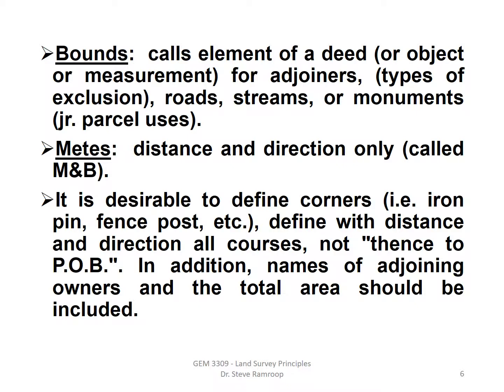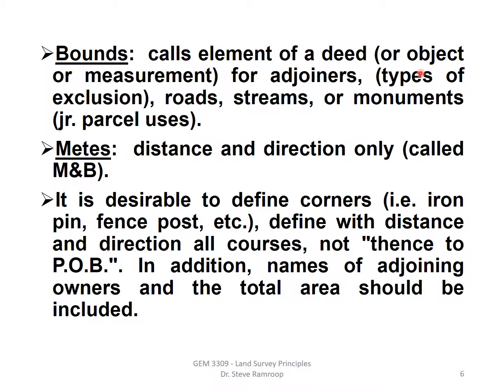Bounds. Under your metes and bounds description, what are bounds? Basically, they're the calls, an element of a deed. For example, bounds can be an object, such as a mound of rocks, or they can be based upon measurements.